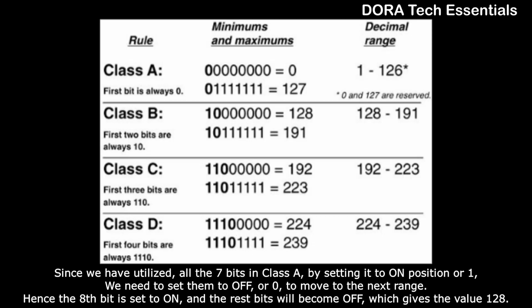Since we have utilized all the 7 bits in class A by setting them to on position or 1, we need to set them to off or 0 to move to the next range. Hence the 8th bit is set to on, and the rest of the bits will become off, which gives the value 128.